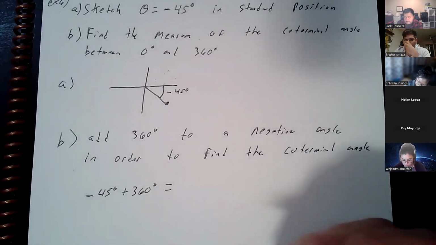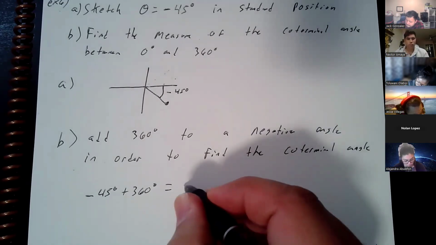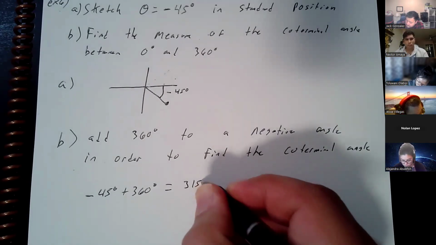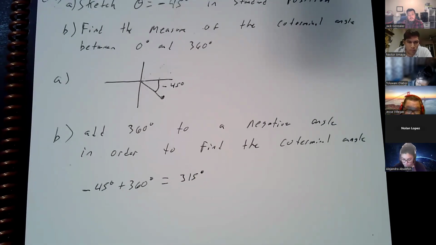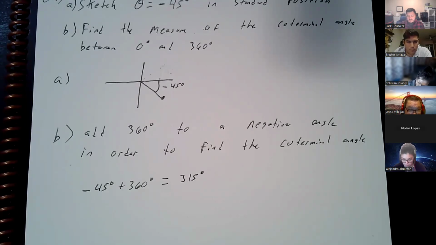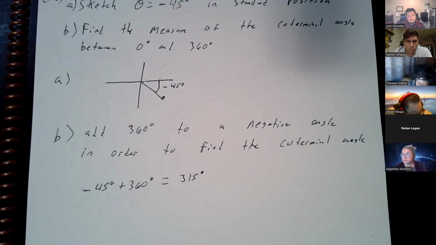That's going to be what? 315. Yeah, we already know the answer for the coterminal by looking at the chart. But if it was a weird angle that wasn't on there, you just add 360. So that'll basically have you go all the way around the other direction.